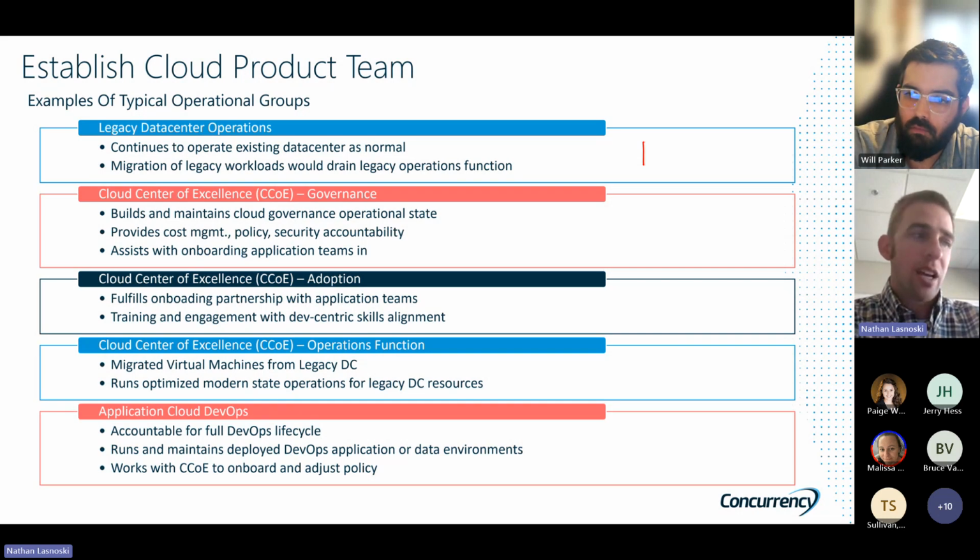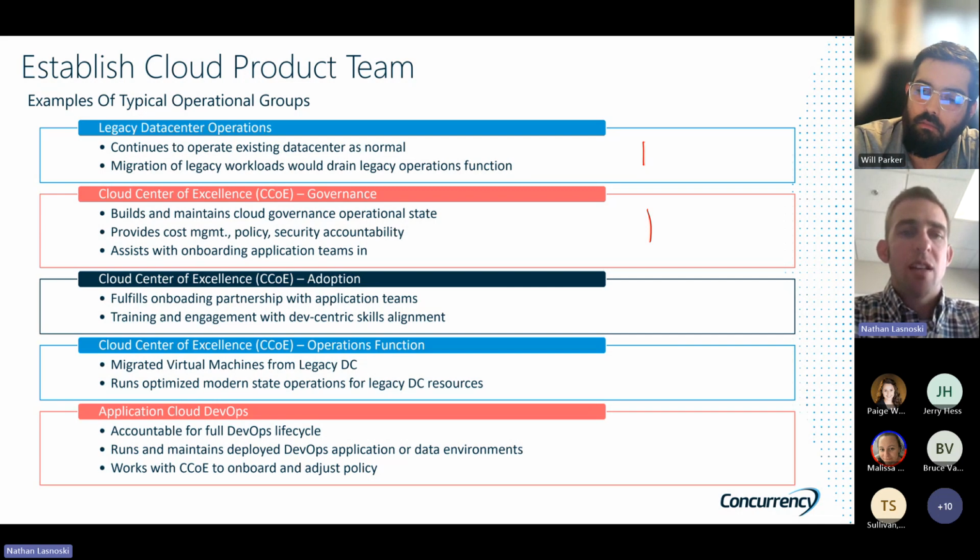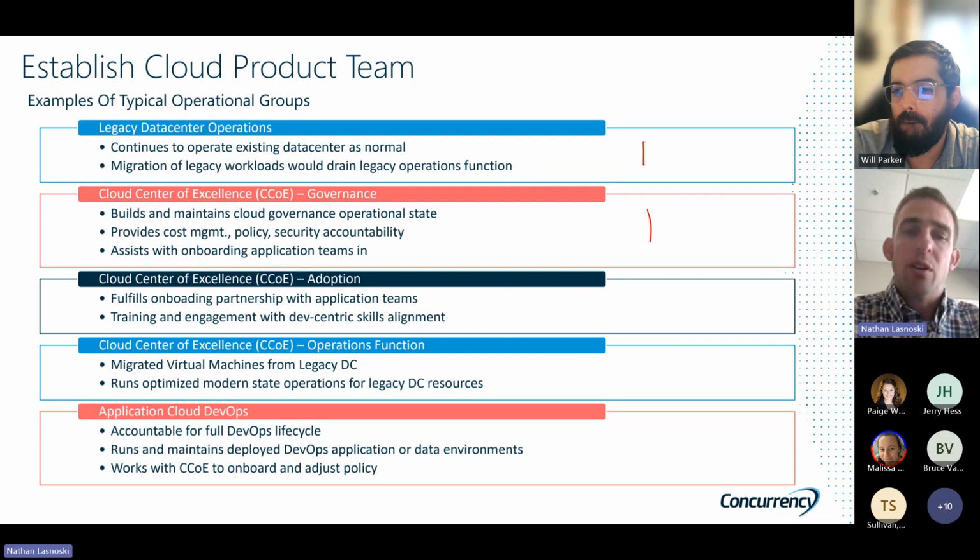But assuming that continues to operate, you then need to build out these other functions. So governance being another function, being that it builds out the governed operational state. It maintains that backlog. It performs cost management activities. It builds out policies and maintains them, and enables new application teams being onboarded within the environment by having the right policies in place, which then leads to a group that is doing adoption activities.